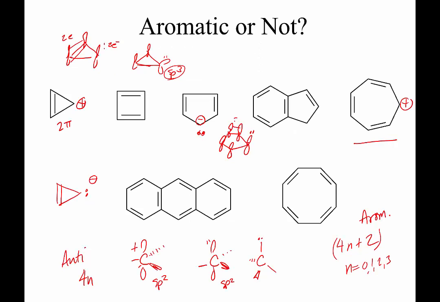So here I had 2 pi electrons. Here I have 2 pi electrons. If it contributes its 2 pi electrons, I now have a grand total of 6, which is what it needs to become aromatic. So that's an example where it would choose to become aromatic because it's going to choose to be super stable.